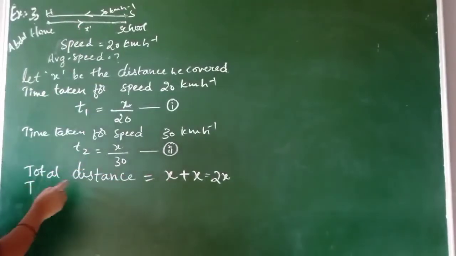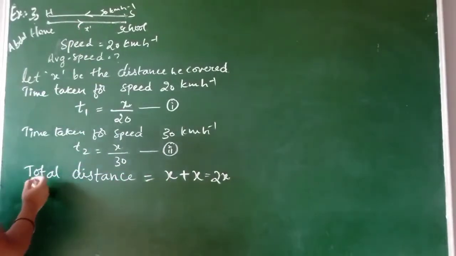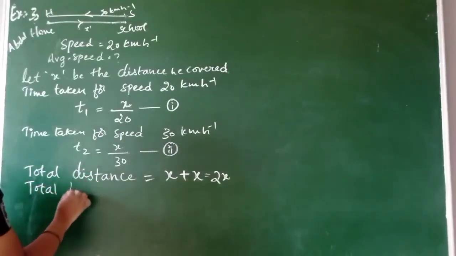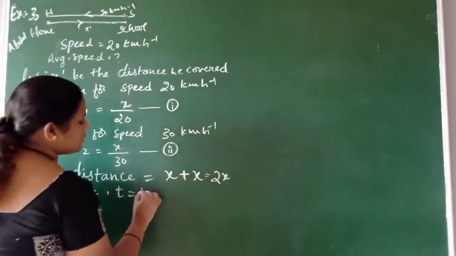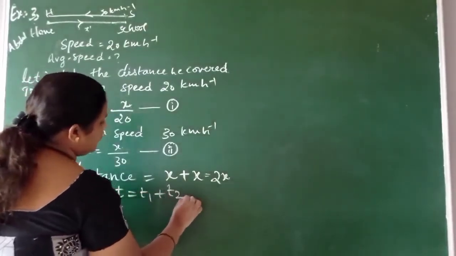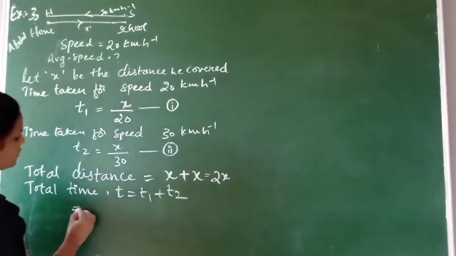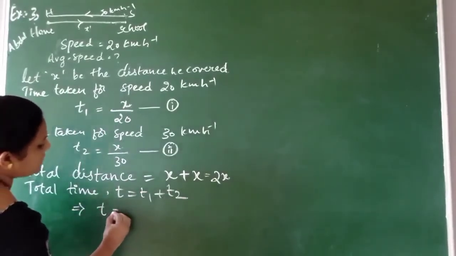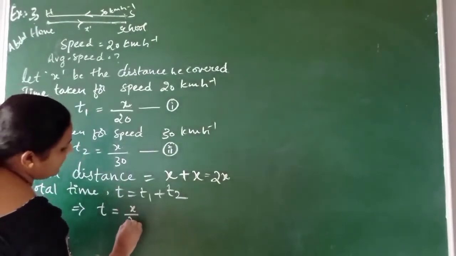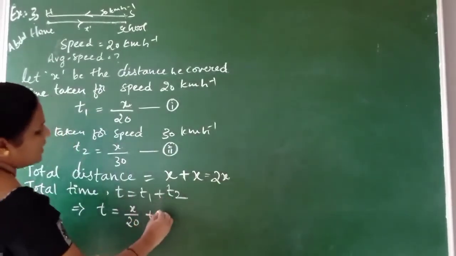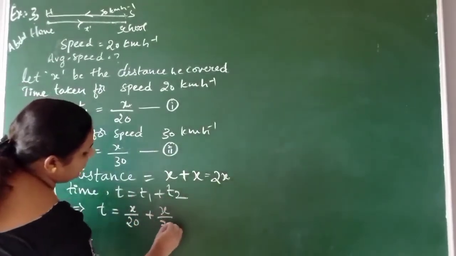Then next is total time taken we want. Sorry, displacement we don't want, total time taken we want. Total time T is equal to T1 plus T2, isn't it, children? So T is equal to x divided by 20 plus x divided by 30.